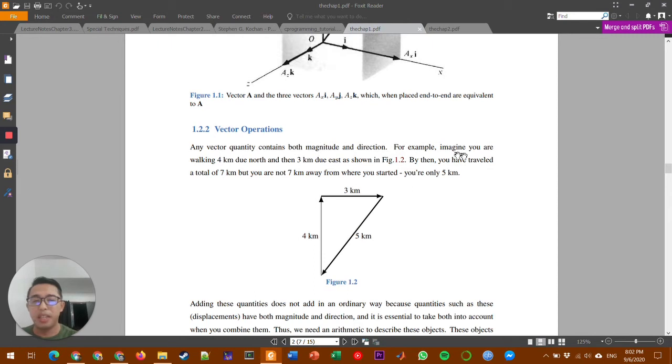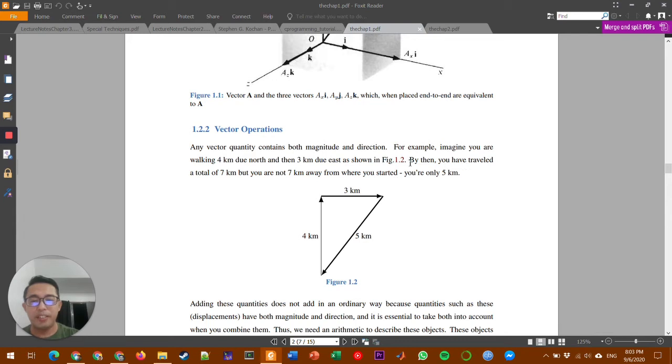For example, imagine you are walking 4 kilometers due north, as you can see in figure 1.2. Then you make another walk: once you reach the 4 kilometers of distance, right away you turn right, or turn east, and then walk 3 kilometers, as shown in this figure.